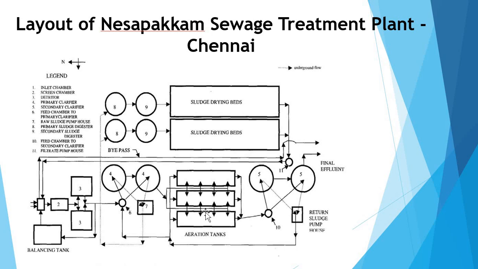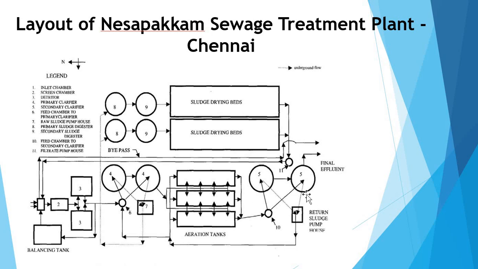There are 3 aeration tanks provided, and these 3 aeration tanks do the activated sludge process, and from the 3 tanks the water enters the secondary clarifier feeding chamber, and this chamber feeds the secondary clarifiers. From the clarifiers the water enters the disinfection chamber and then the outfall.